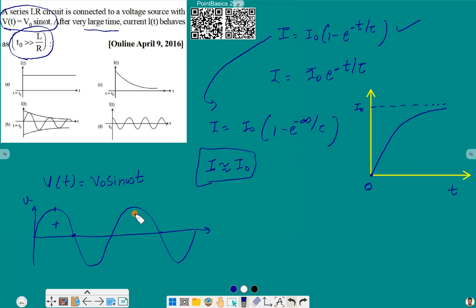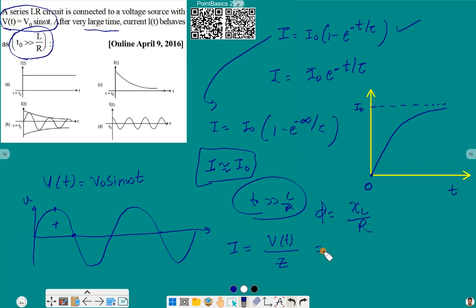In case of an LR circuit, as already mentioned here that t node is very much greater than L by R, we know that current lags behind the voltage. In an inductor and resistance circuit, current lags behind the voltage, and that lag angle phi is given by XL by R. If it lags behind the voltage, then the formula for current will be V(t) divided by the impedance of the circuit.